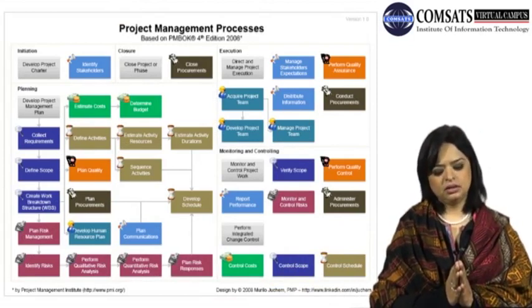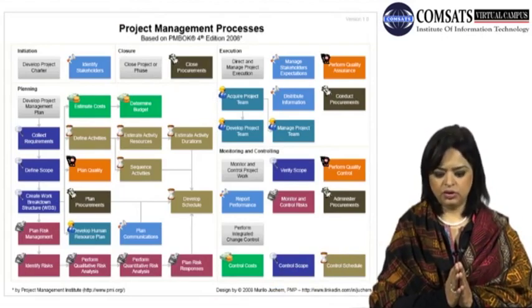So summarizing, what did we actually do within this lecture? The important thing to understand in the last lecture and this particular lecture is the understanding of the fact that there are different phases in a project life cycle. The interrelationship between the 5 phases.